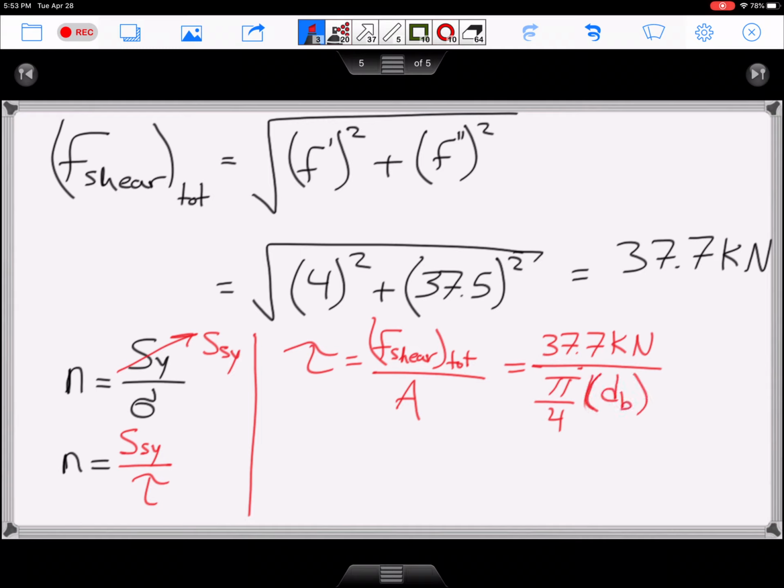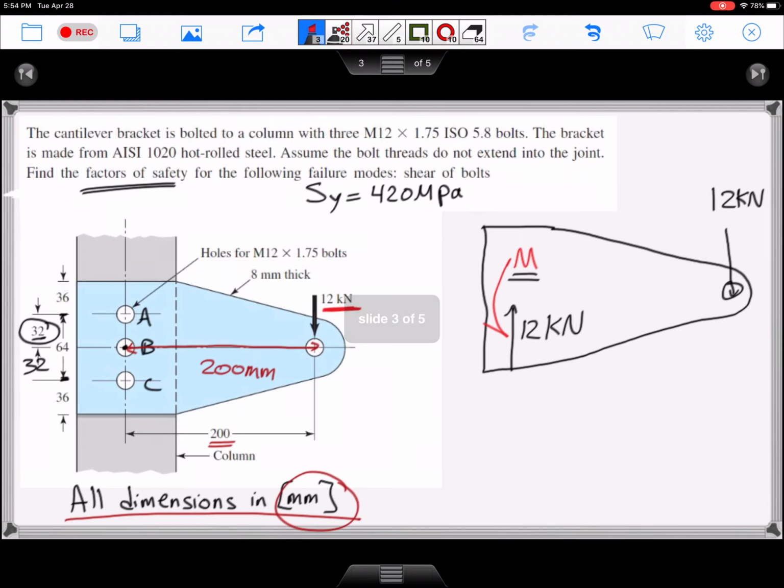If you look into our problem, for a bolt this size, the diameter is 12 millimeters.